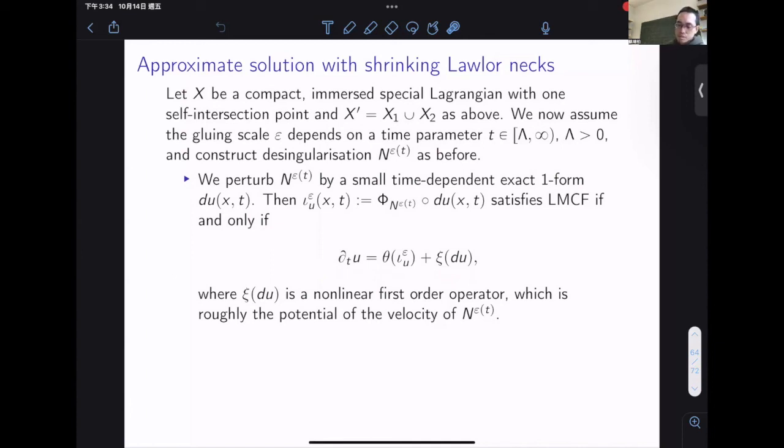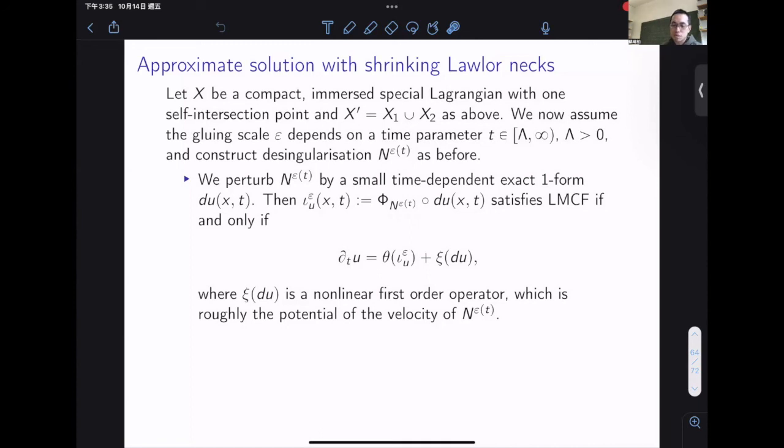So we get some extra term C here and the extra term ∂_t u here, because u depends on t now, and this C is basically the potential of the speed of the N_epsilon(t). Because N_epsilon(t) is not fixed, we get some kind of background speed caused by varying epsilon.